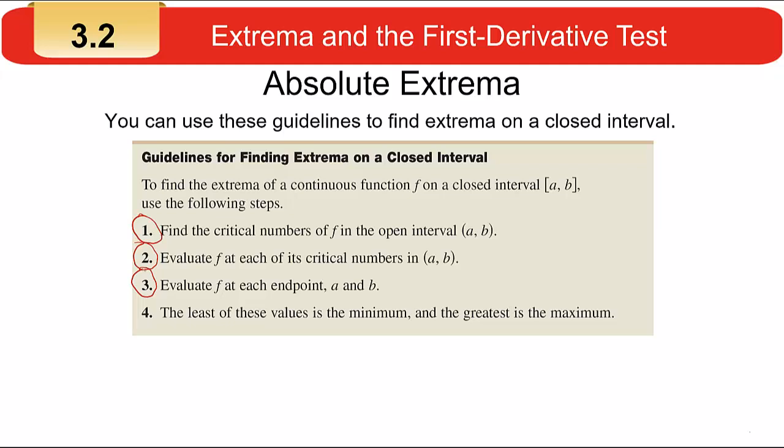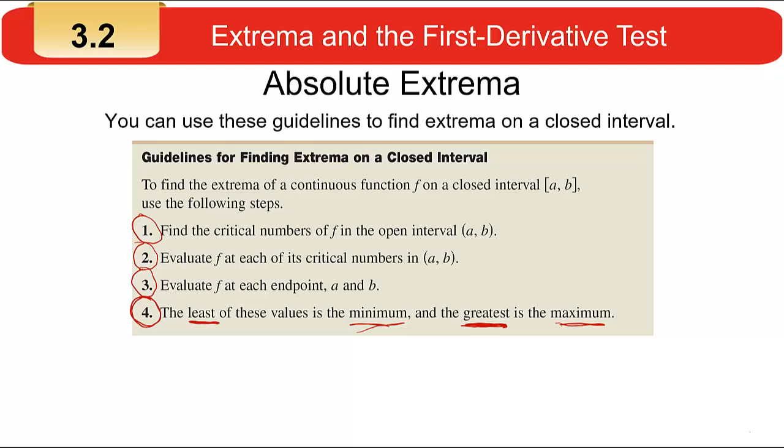If you like, you can do the increasing, decreasing chart and then throw in the endpoints, but as long as you have a continuous function, you don't really even have to produce the chart. So really, find the critical numbers, evaluate the y values for them, then evaluate the y values for the endpoints. Whatever y value comes out the very least is the absolute minimum, and what comes out the biggest of all is the maximum. So don't make this harder than it really is.